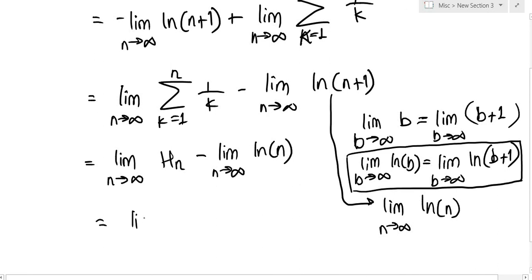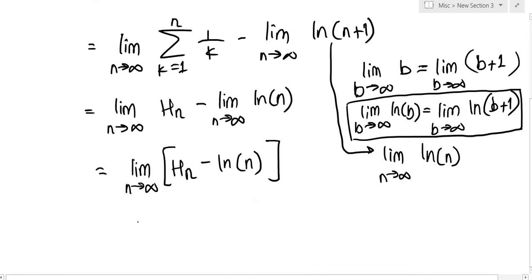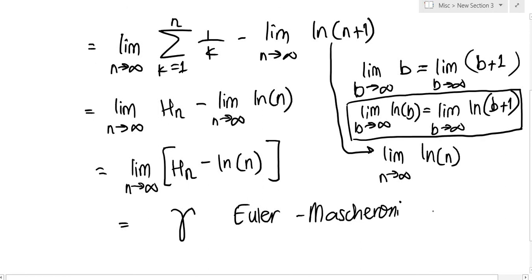Finally, we have the limit as n approaches infinity of the harmonic series of n terms minus the natural log of n. We basically took a common limit here. Now this, by definition, you might have already foreseen it, is the Euler Mascheroni constant.